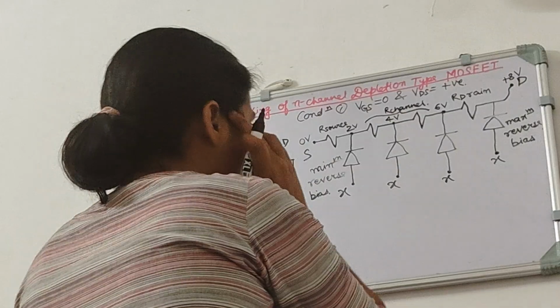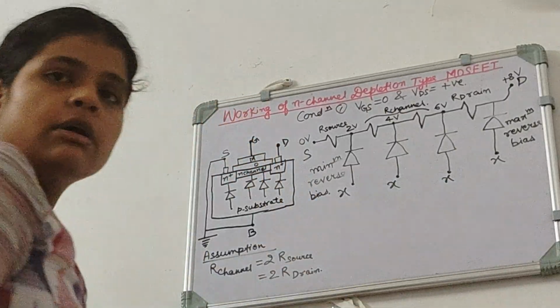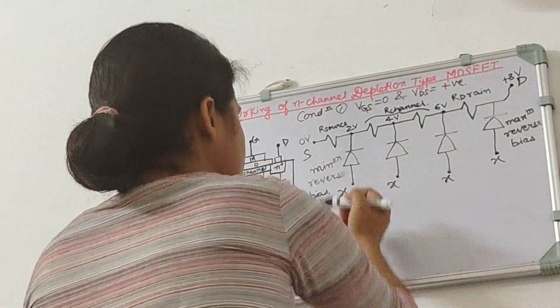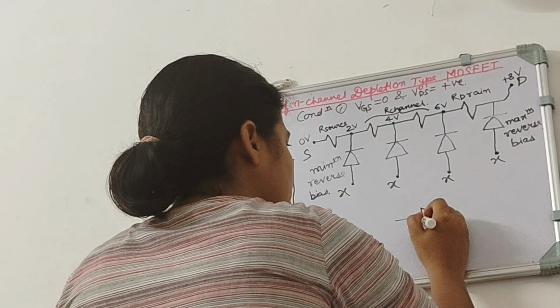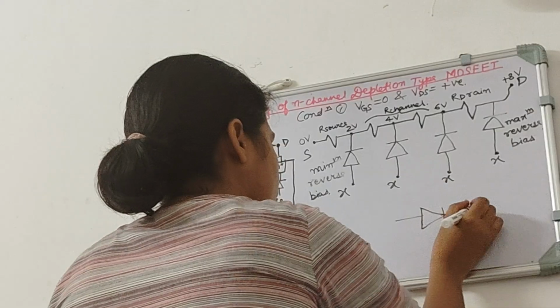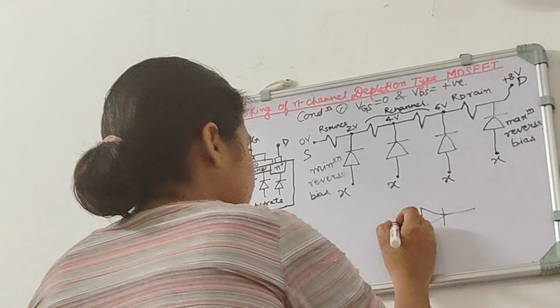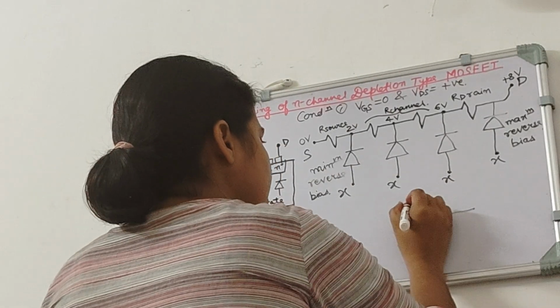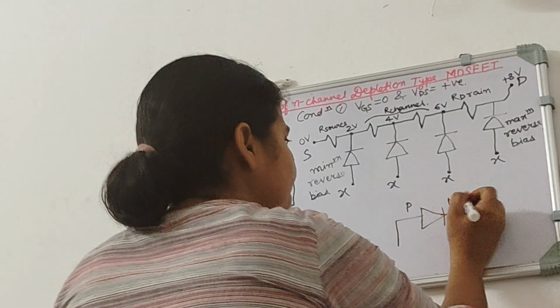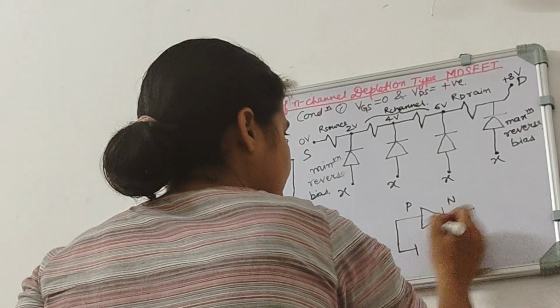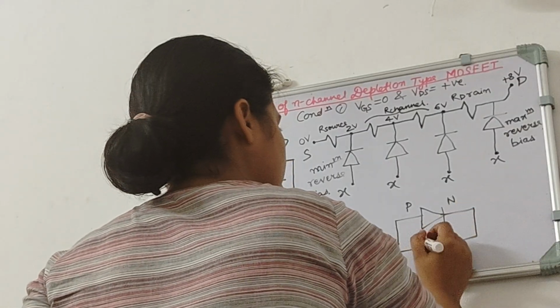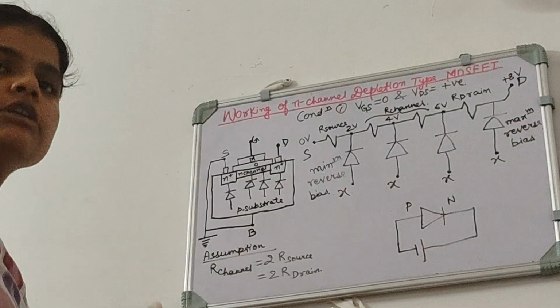Now why do we say that it is maximum, it is minimum? First of all, let us see what is reverse bias. Everyone knows about it, still, it is P side, it is N side. When the P side is connected to negative voltage and the N side is connected to positive voltage, we say that the diode is reverse biased.